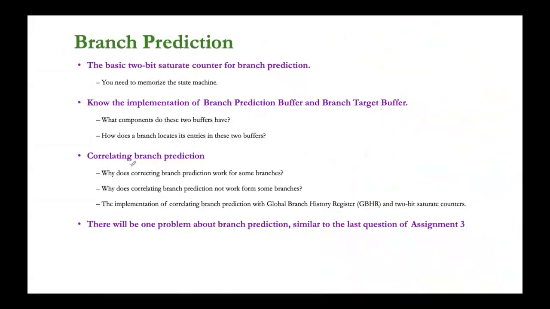And for correlating branch predictions, why does correlating branch prediction work for some branches, and why does it not work for some branches? Like whatever we have seen right now, the 2-bit, you will get the global branch history table part. And there will be one problem about branch prediction, similar to the last question of your assignment, as well as whatever we discussed right now.